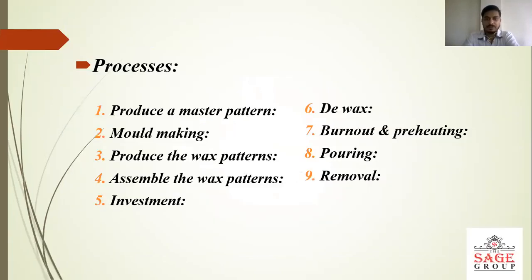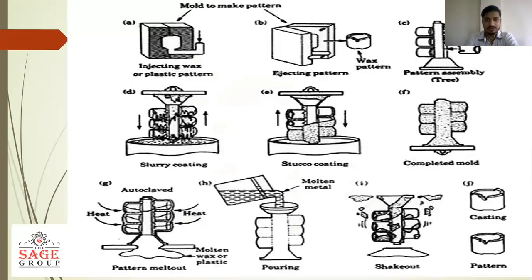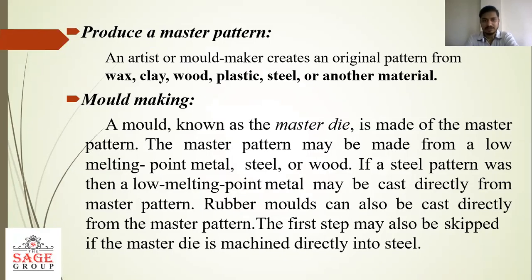The steps are: produce a master pattern, mold making, produce the wax pattern, assemble the wax pattern, investment, dewaxing, burnout and preheating, pouring and removal. So this is the complete process used in investment casting.